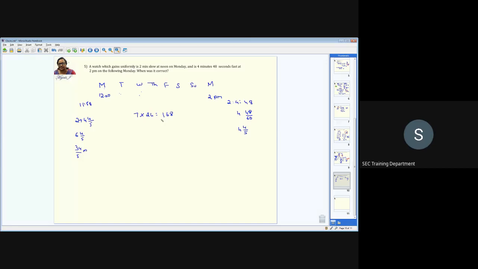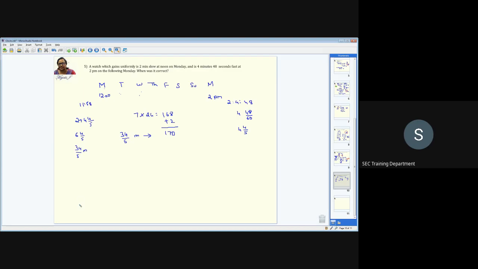168. But here they didn't say 12, it is 2 o'clock. So you have to add 2 more to this. 170. And how much is the total time gained, the gap, is 34 by 5 minutes.